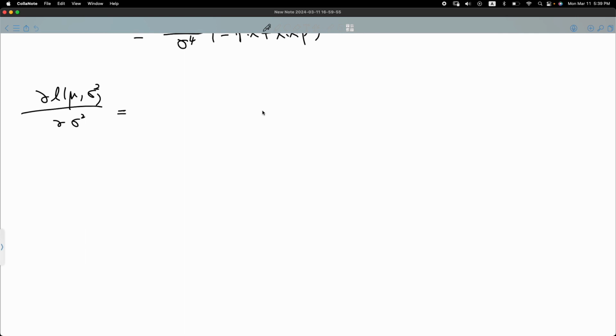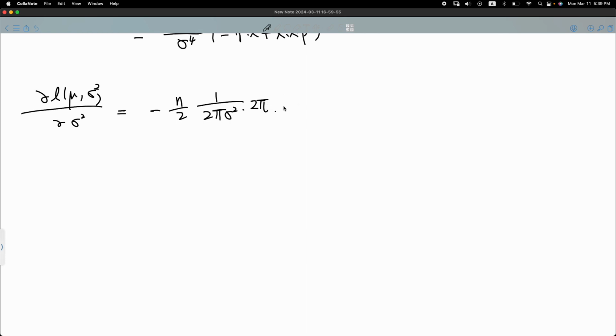So that should give us -n over 2, and then 2 pi sigma square, multiplied by 2 pi, right? 1 over that multiplied by 2 pi.